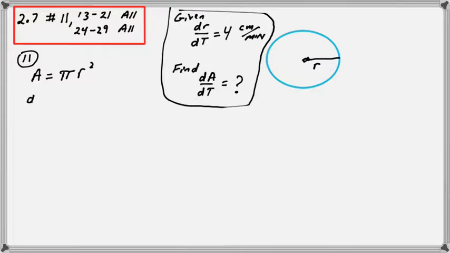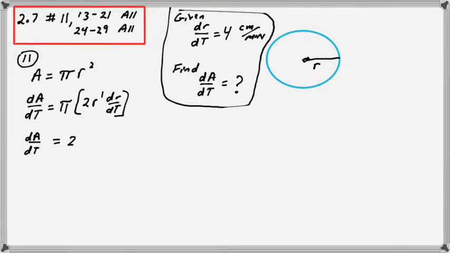So take the derivative of A, you get dA/dt, because you're taking the derivative with respect to time. Okay, pi is a constant. I'll keep a constant factor, keep it up front. Power, base, 1 less power, derivative of the base. So dA/dt equals 2 pi r dr/dt.